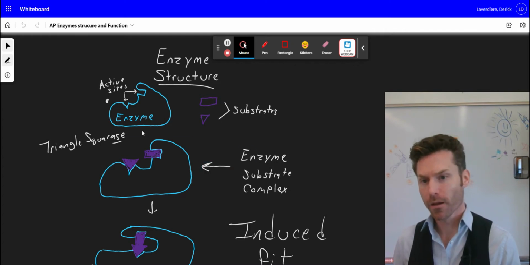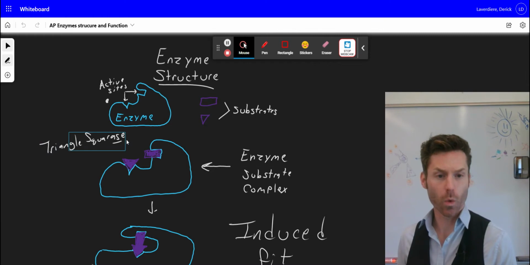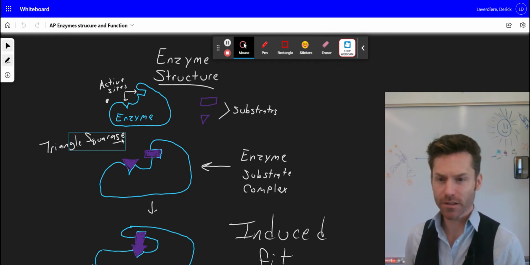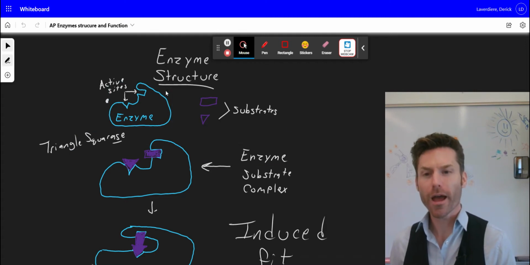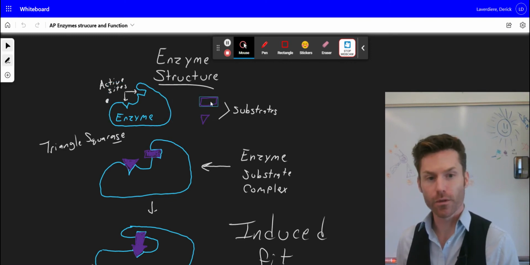What that means is that these little areas of active sites are very specific and very attractive to very specific substrates. And so in this enzyme that I've designed here, this is my triangle squarase. Enzymes typically end in ASE as a suffix. I have a triangle active site with regions that would be attractive to my triangle substrate, and I have a rectangle active site with regions that would be attractive to my rectangle substrate.